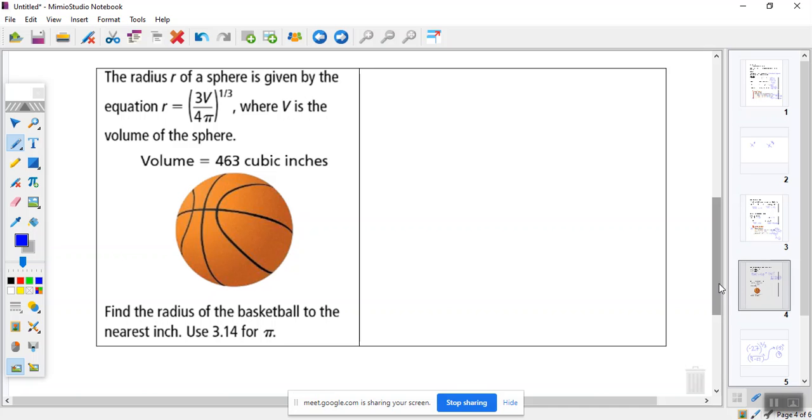Down here they tell me the volume is 463 cubic inches. It says find the radius of the basketball to the nearest inch. Okay, so we have this formula for a radius right up here. We can find the radius if we know the volume. So let's try this.